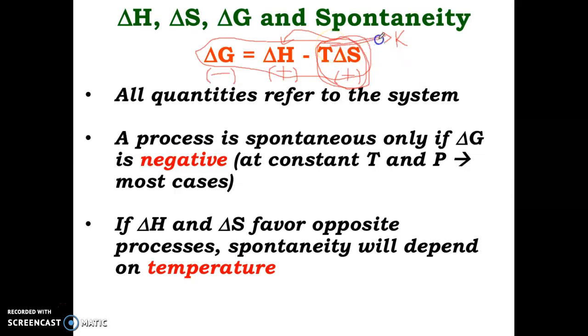If temperature is high, it's a lot more likely that this section is going to be bigger than my delta H. So we say the reaction is spontaneous if delta H is positive and delta S is positive at a high temperature. What that temperature is depends on the reaction, but no matter what, it's a high temperature, because if the temperature is low enough, it's not going to occur.